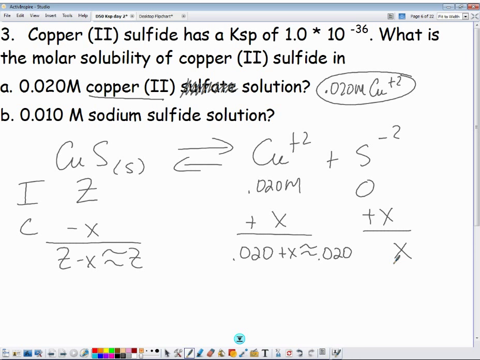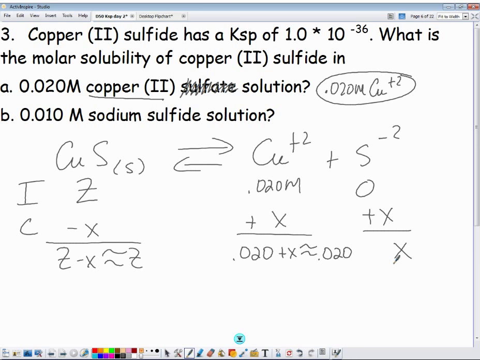You mean we get to ignore the plus X under the common ion? Yes, and let me tell you why. The X that we found back in number 1, the value was 1 times 10 to the minus 18.